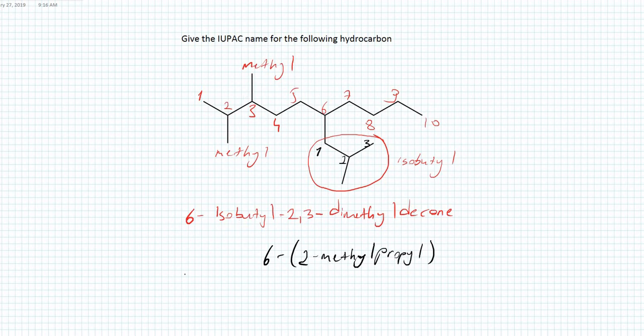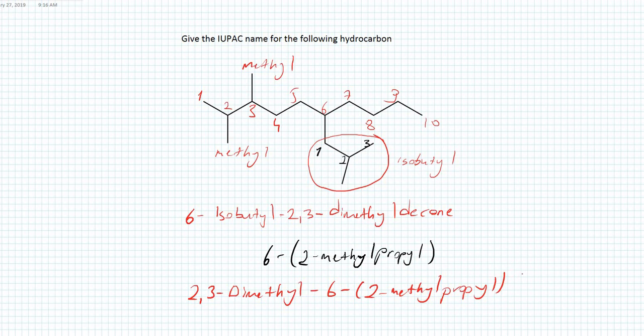So for the alternative name, we have to start from the methyl groups: 2,3-dimethyl-6-, then in parentheses the name of the complex group, 2-methylpropyl, close the parentheses, and again it's decane.